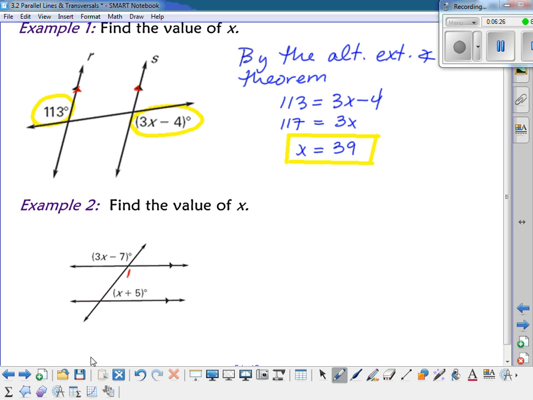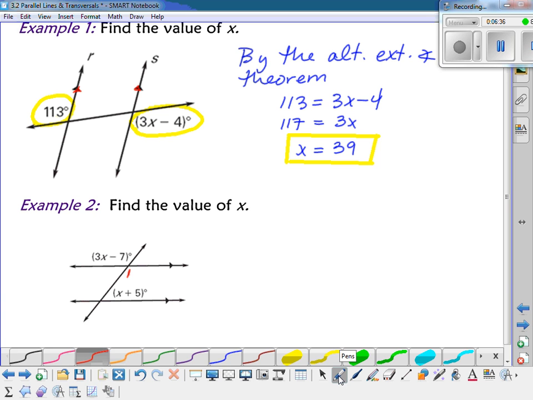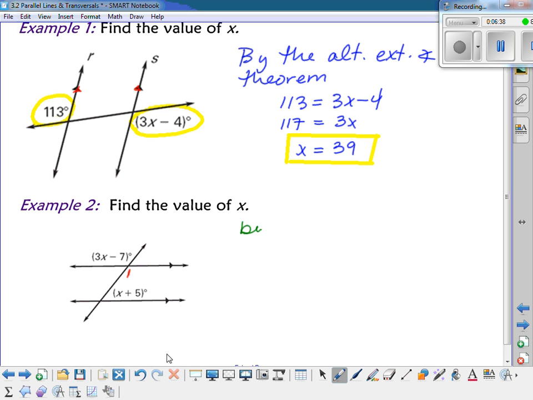So by the vertical angle congruence theorem, I know that the measure of that angle 1 is also 3x minus 7 because vertical angles are congruent.